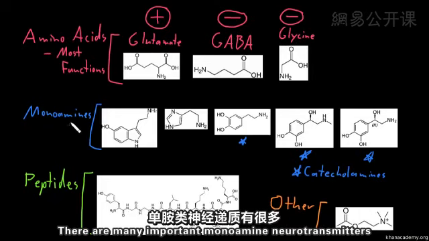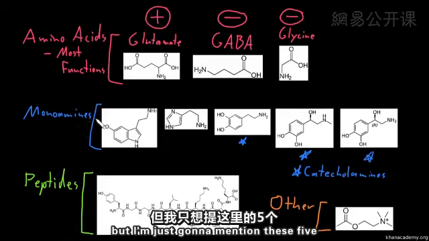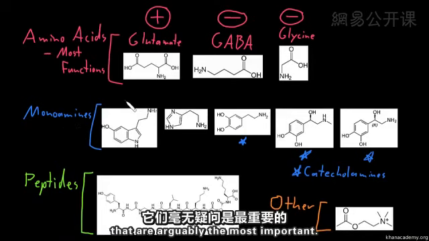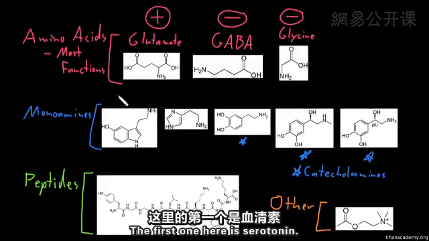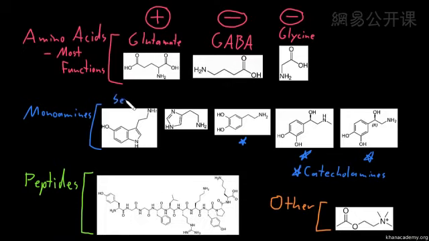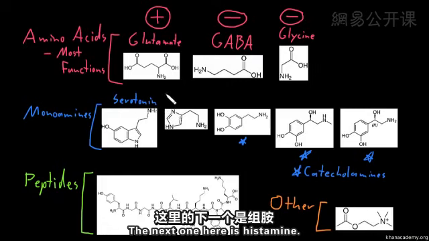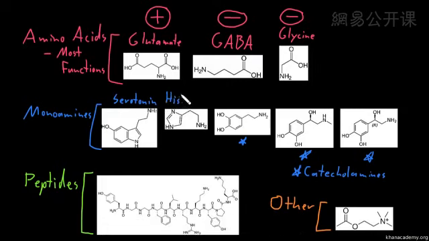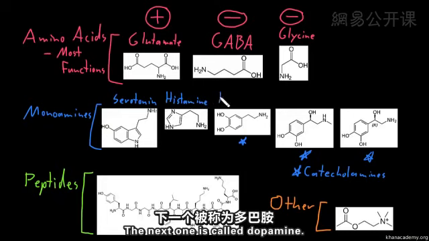There are many important monoamine neurotransmitters, but I'm just going to mention these 5 that are arguably the most important. The first one here is serotonin. The next one here is histamine. The next one is called dopamine.